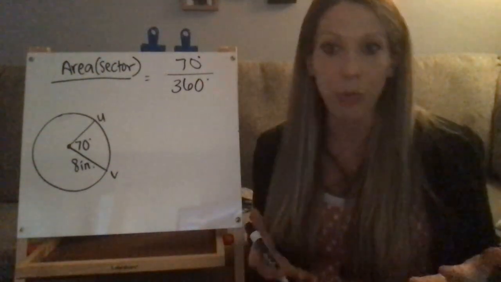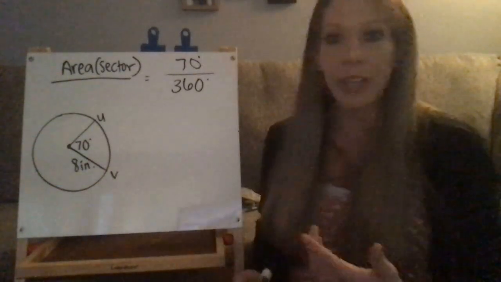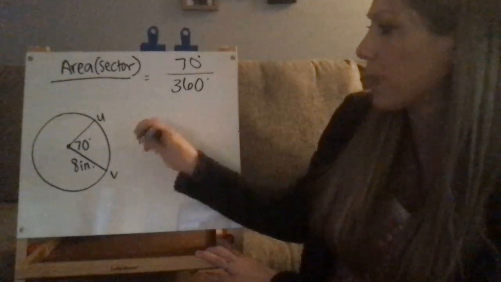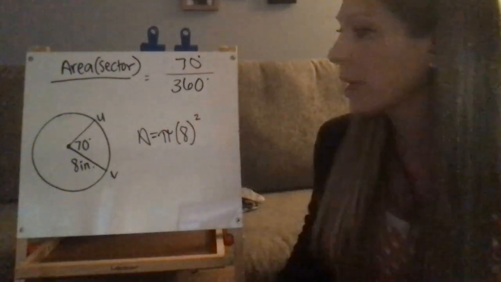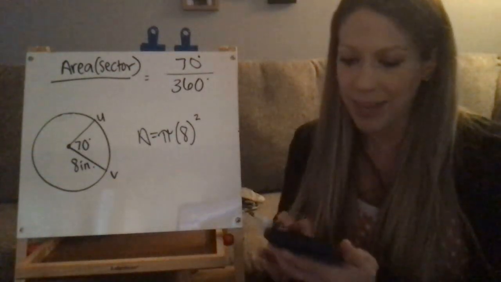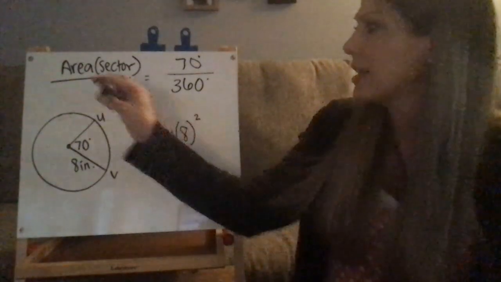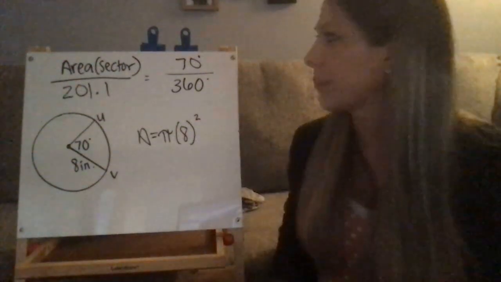Well, it doesn't outright tell us, but it tells us that the radius is 8, and if we know the radius is 8, we can find the area by doing pi r squared. So 64 pi, or if I multiply that, approximately 201.1.